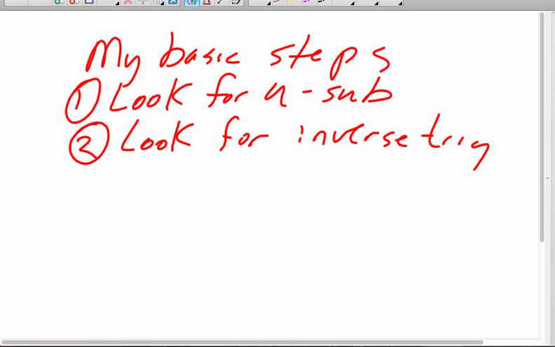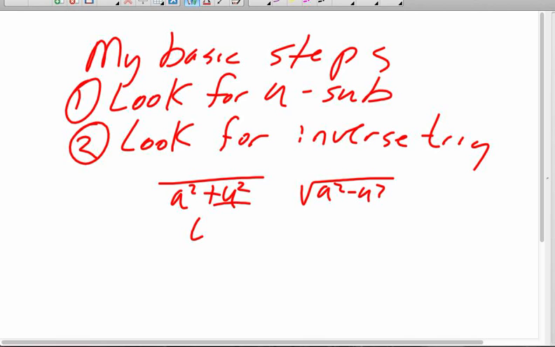And these are going to occur, you're going to have something like over a squared plus u squared, where u is a function of x. That gives you arctangent. You may end up with something like square root of a squared minus u squared. So this is arctan. It's arcsine. The other thing you're going to see is things like x times the square root of x squared minus a squared, which is arcsecant.